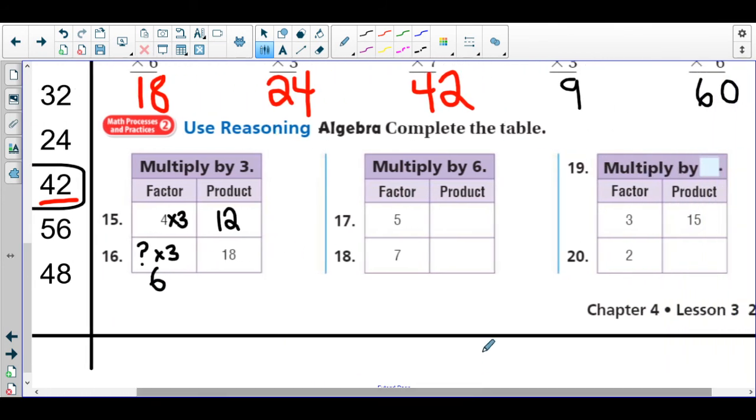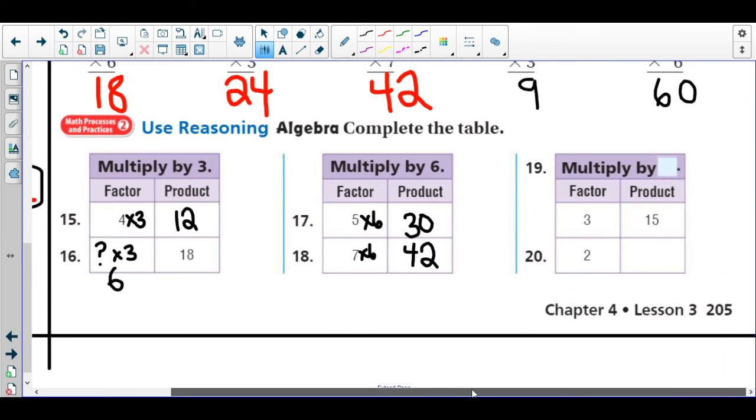All right, let's come here. 5 times 6 is going to give me 30. And 7 times 6 will give me 42. And then finally over here, we've got to figure out what this factor is.